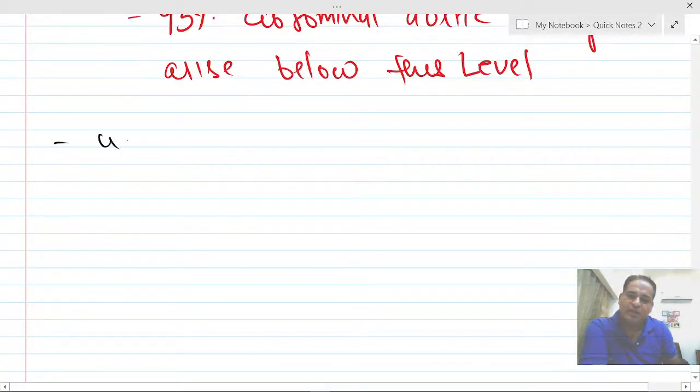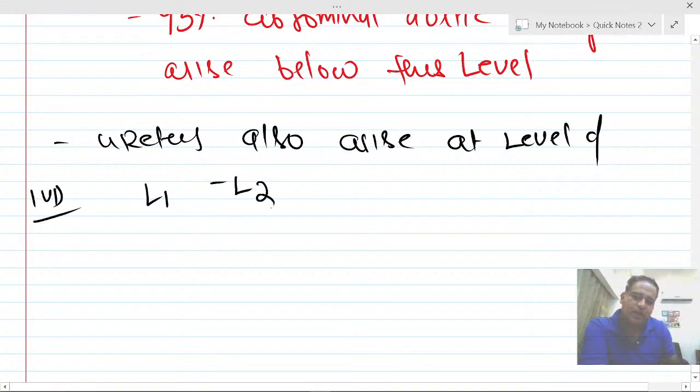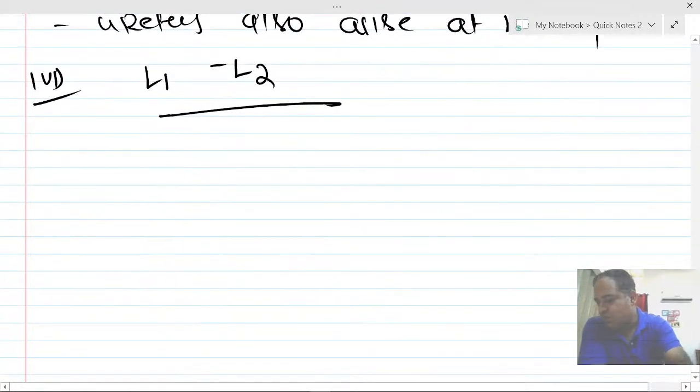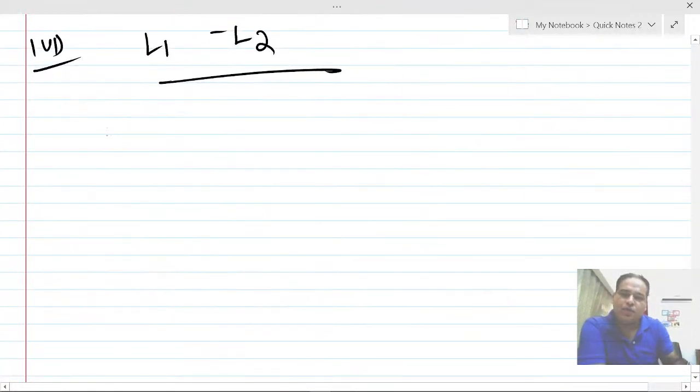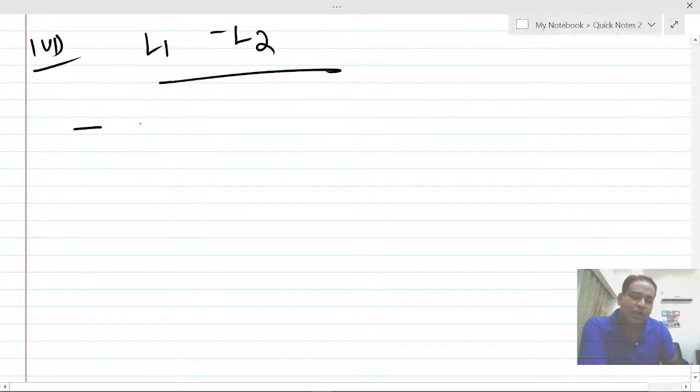Now, similarly, the ureters also arise at the level of the intervertebral disc between the L1 and L2 vertebrae. Now, what is important when we talk about the anatomy of the ureter?